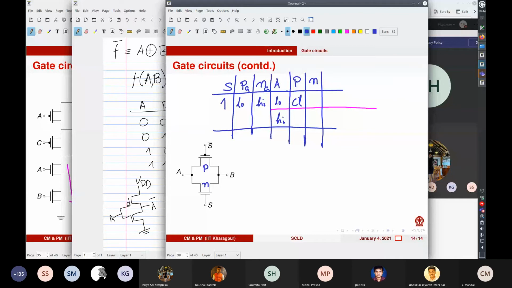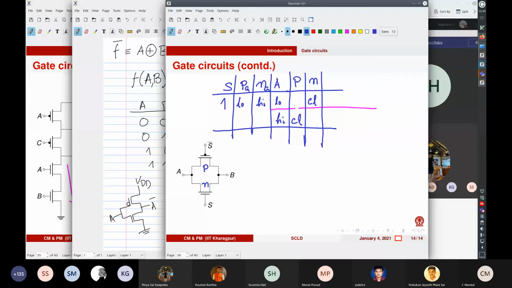Sorry, again I've made a mistake. That is when the N-type transistor will be closed. So when this is high and this is low, for this combination the N-type is closed. On the other hand, if A is high, then you have PG low, and in that case this is closed.